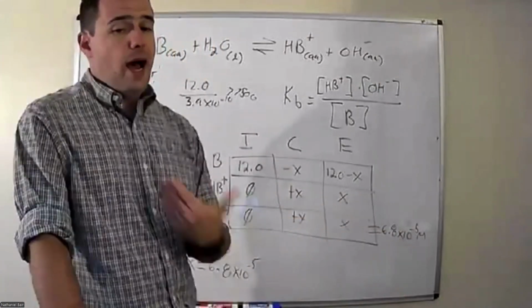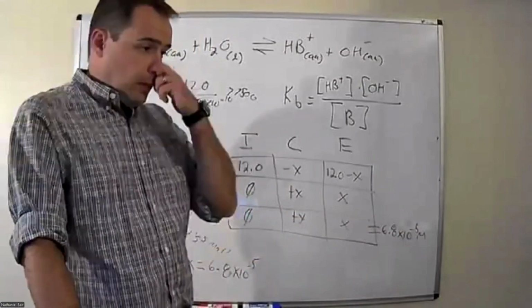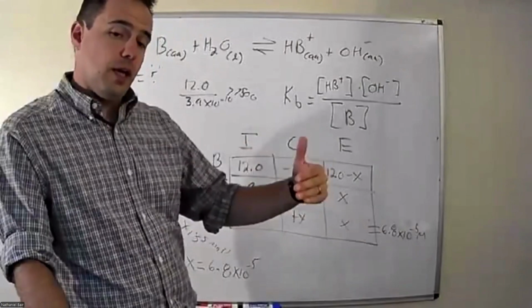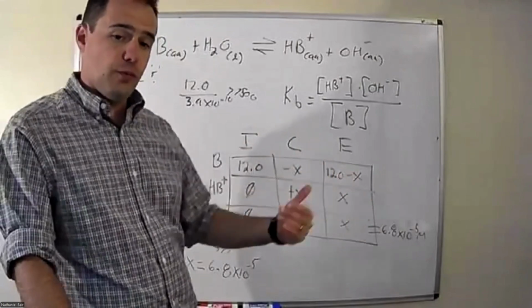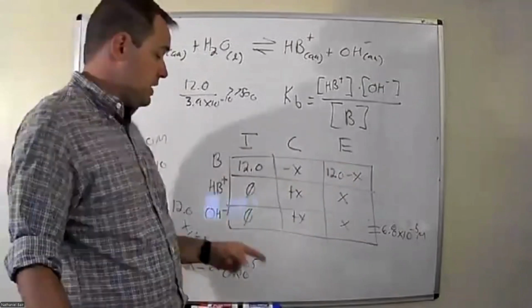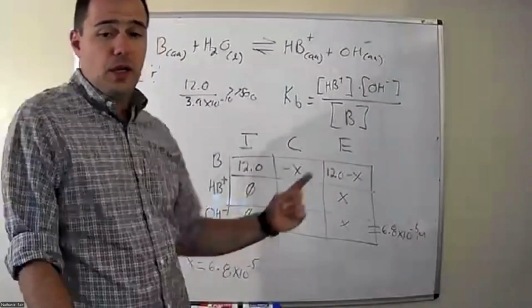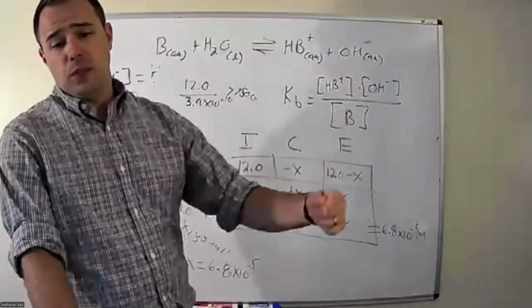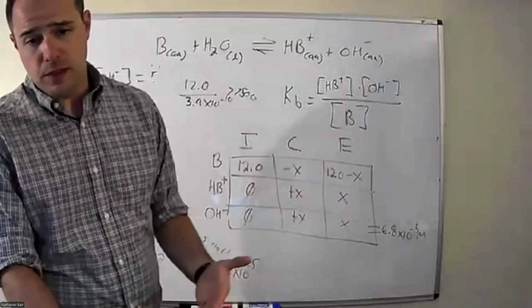So what do we do? Well, you've got two options. You could use H plus times OH minus equals Kw, which is 1 times 10 to the negative 14th, solve for H plus, and then take the negative log. I personally don't do that. What I do is take my OH minus ion concentration, get a pOH, and then remember, pH plus pOH has to equal 14. So 14 minus the pOH gets us the pH.